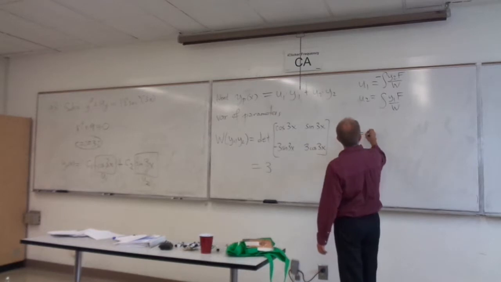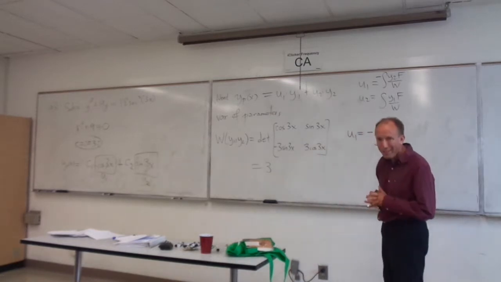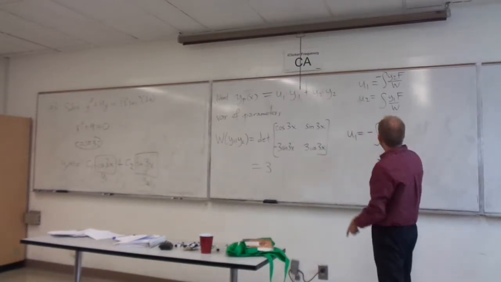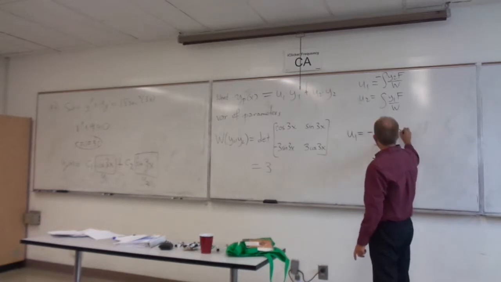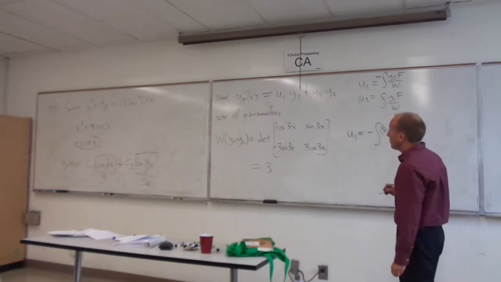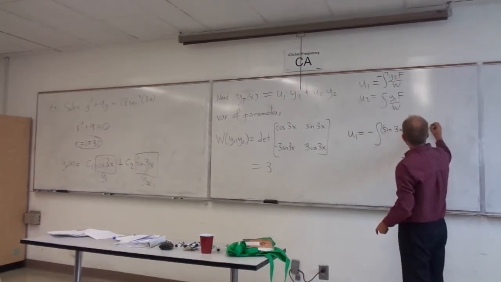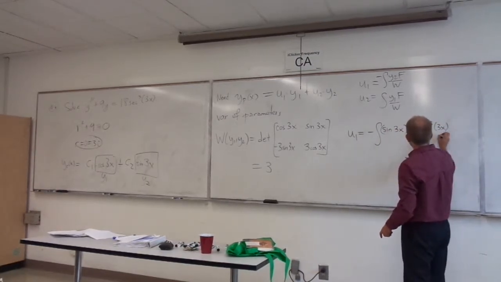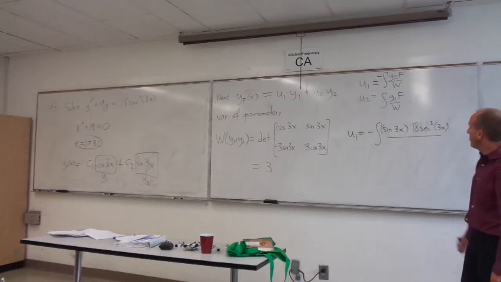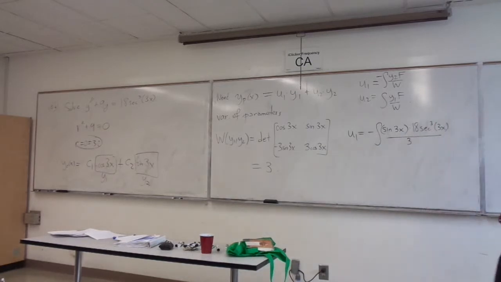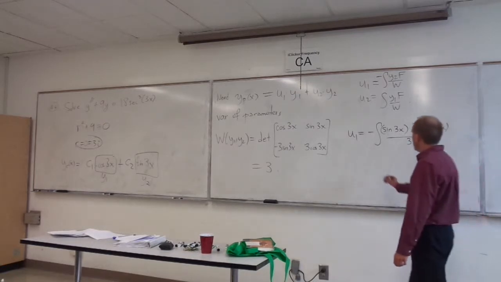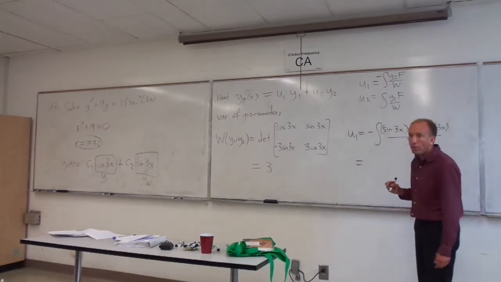So U1 would be negative the integral of, I take y2, which was the sine of 3x, I multiply it by f, which is 18 secant cubed of 3x, and I divide it by my Wronskian, which is 3. So the 18 and the 3, of course, makes 6.